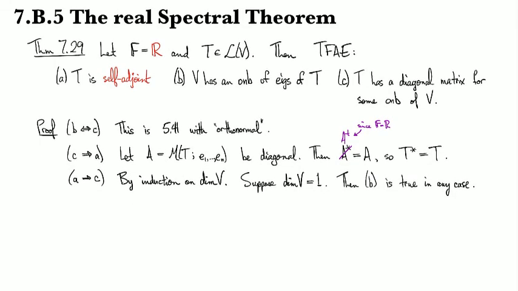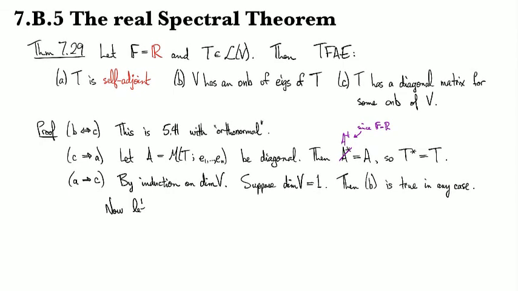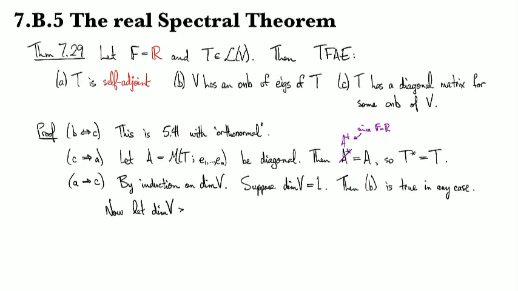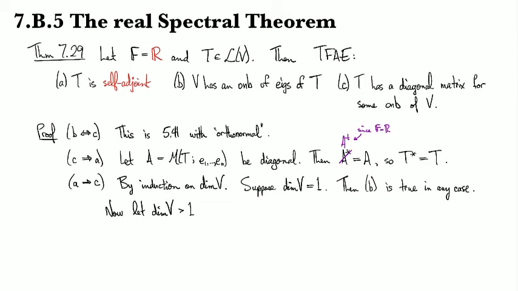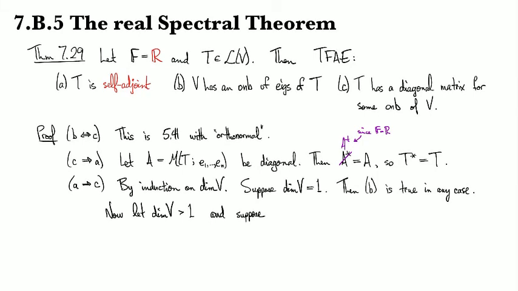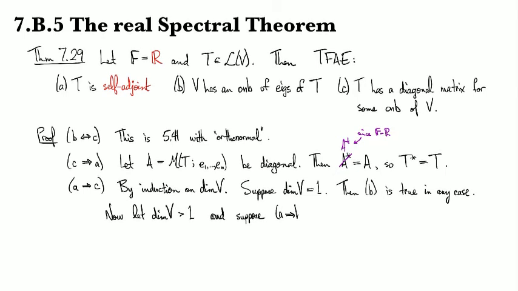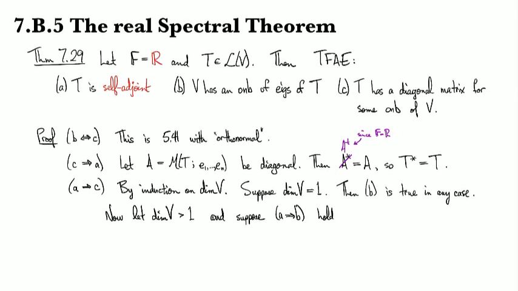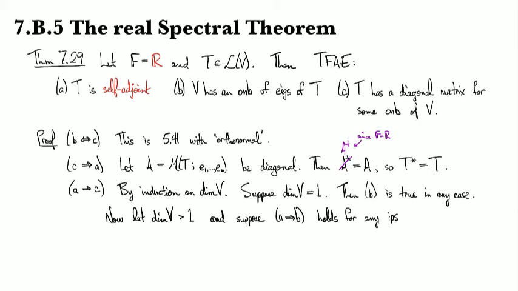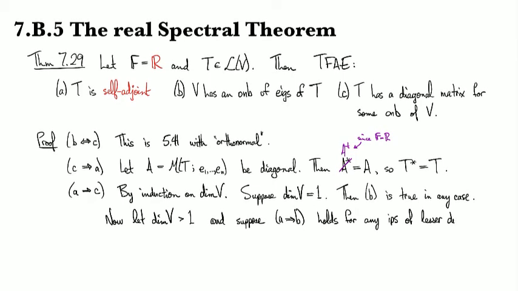So now let's take the dimension of V to be strictly greater than 1, and suppose, as our induction hypothesis, that the implication we're looking at holds for any inner product space of smaller dimension.